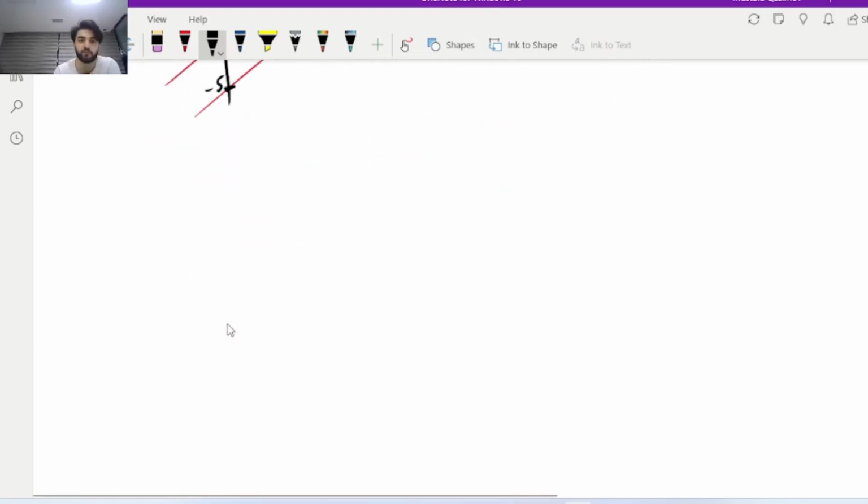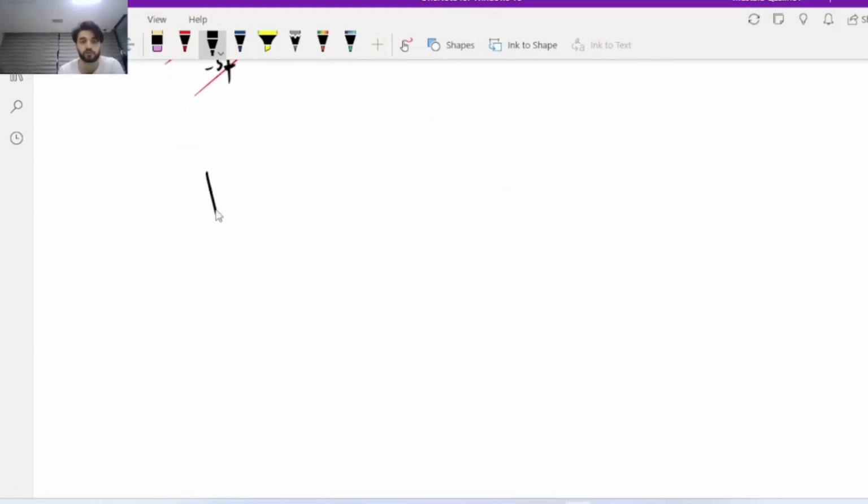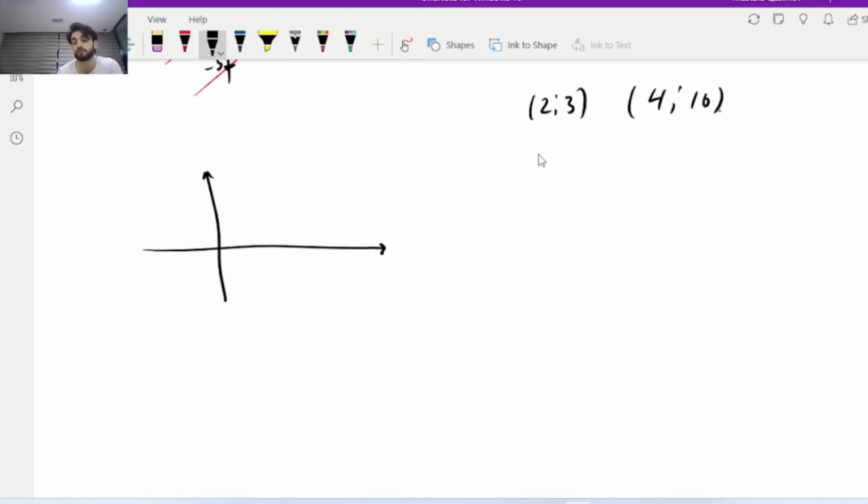Let's look at one more question for this one. Okay, first let's write 2 and 3. Let's say we have one line which passes 2 and 3, and let's say 4 and 10. First, we have to find its function.